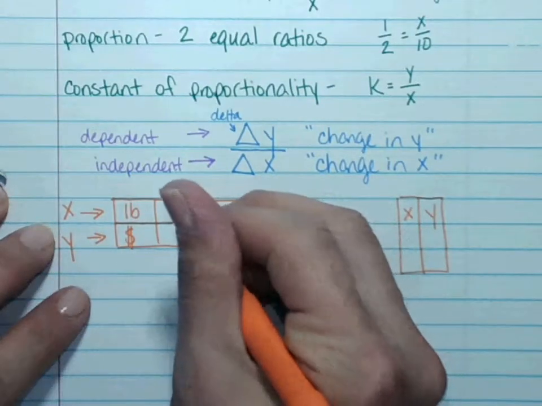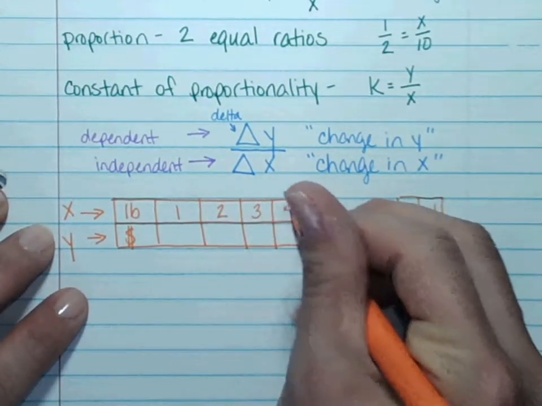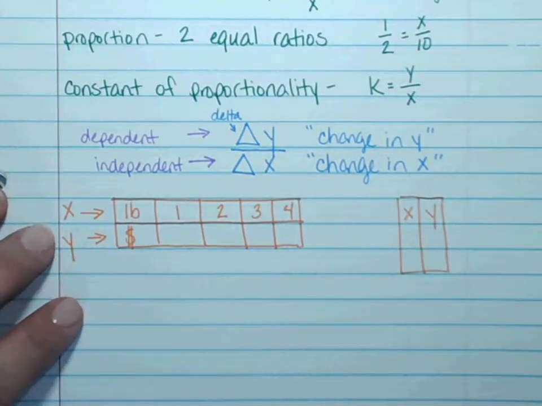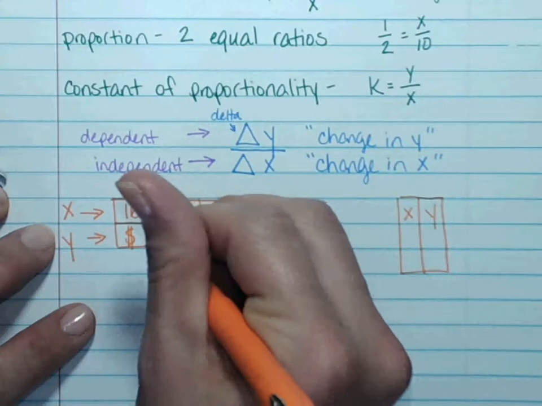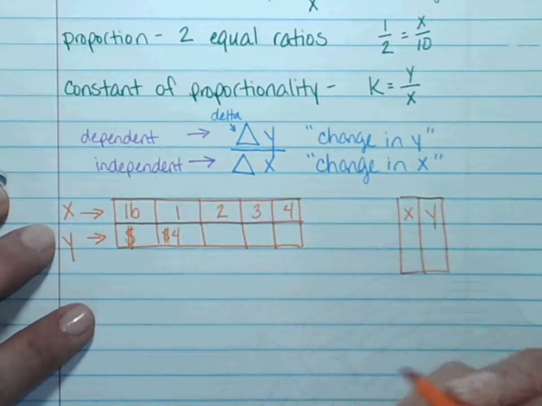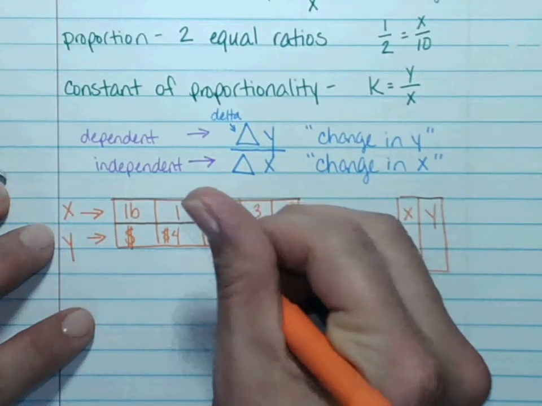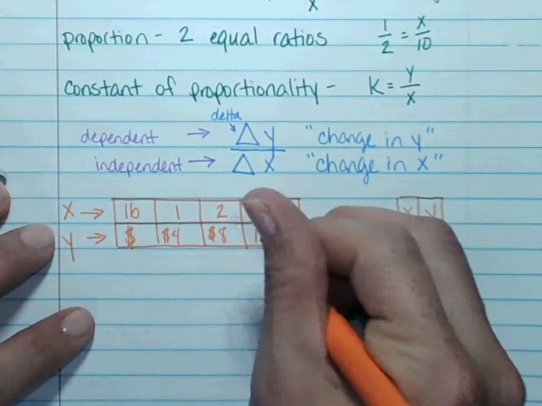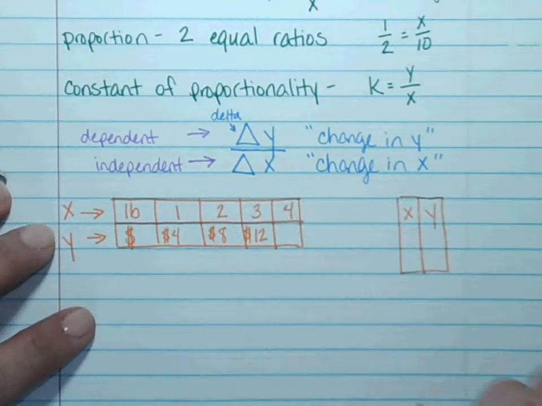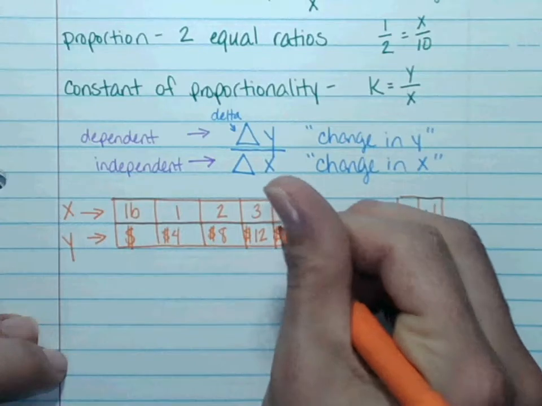Now if I buy 1 pound, 2 pounds, 3 pounds, 4 pounds, let's say 1 pound of hamburger meat is $4. So 2 pounds of hamburger meat would be $8. 3 pounds would be $12. 4 pounds would be $16.